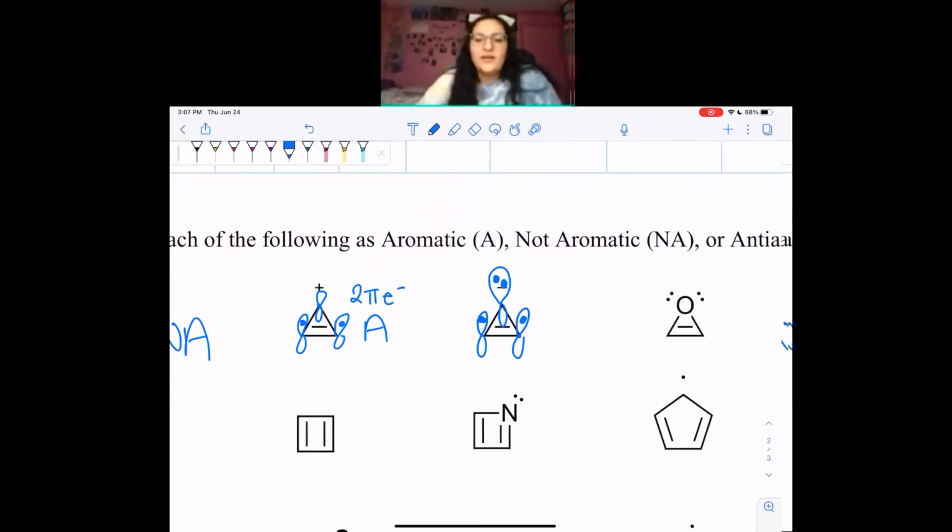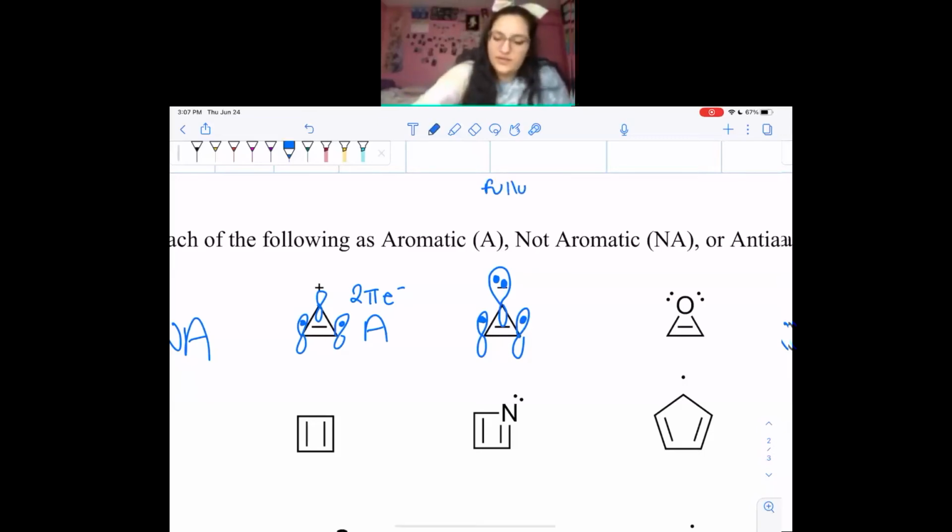So it's fully conjugated because all of these are sp2 hybridized carbons. So this one is a double bond, it's sp2. This one is a double bond, it's sp2. And this one is an anion. So being an anion makes you sp2.